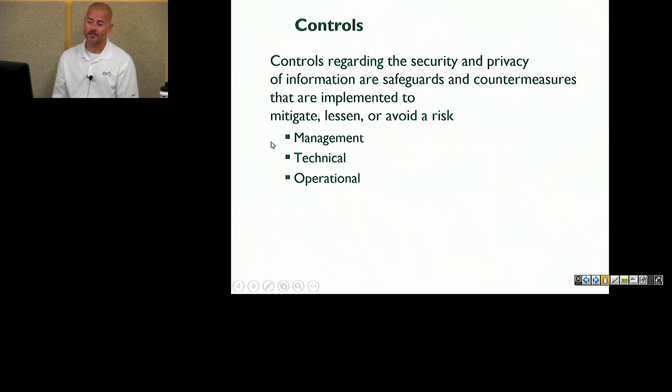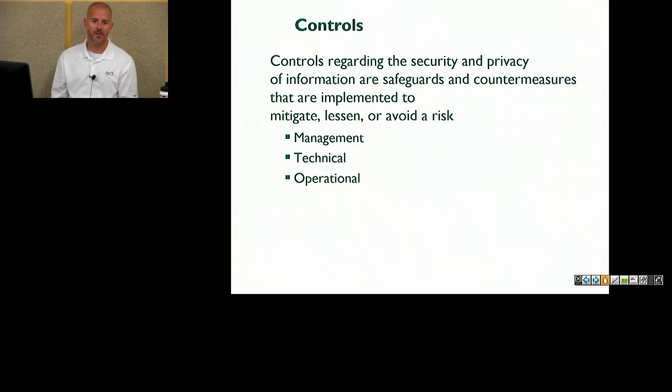And then our controls. There are two sets of controls that you need to be aware of. These definitions are from NIST. It talks about management, technical, and operational. If we were talking about ISO, it would be administrative, physical, and technical. Technical is the same, but then physical and administrative would be your other controls.